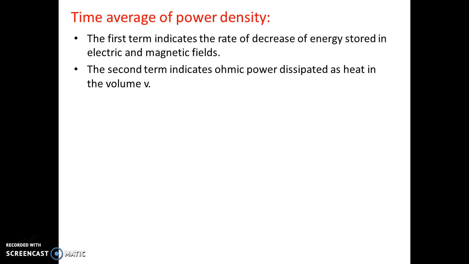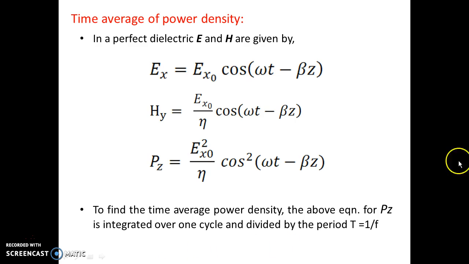Now we'll see the time average of the power density. We have seen in the beginning that the cross product of E and H is the energy density, that is watt per square meter.